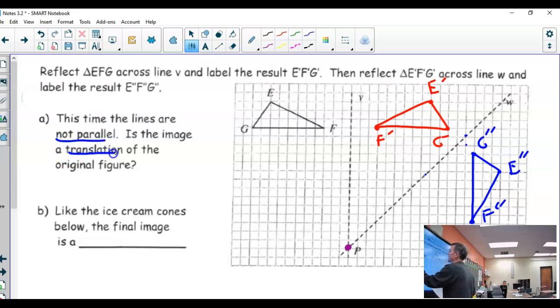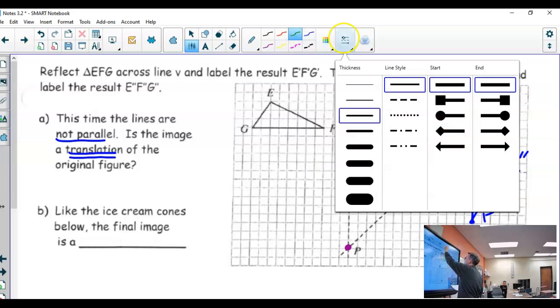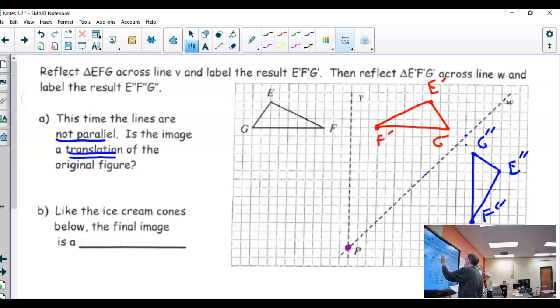Is the image a translation? When you go from the black, the original, to the blue one, is it a translation? Well, no, certainly not. This time the original shape has almost gone around in a circle.